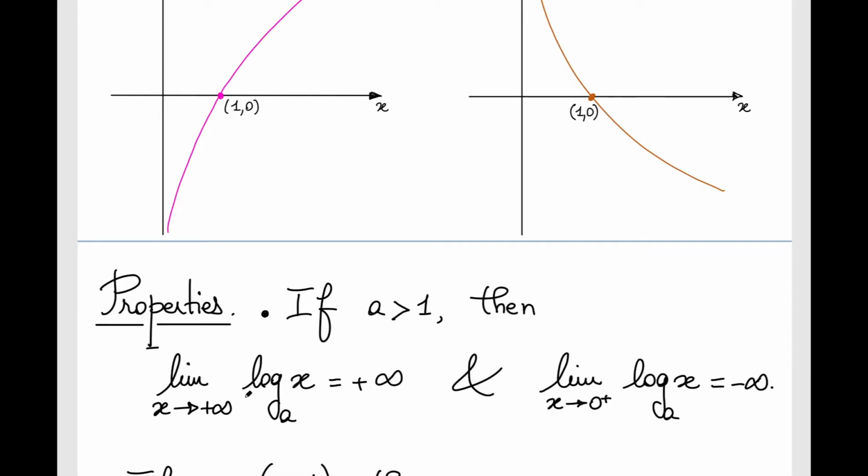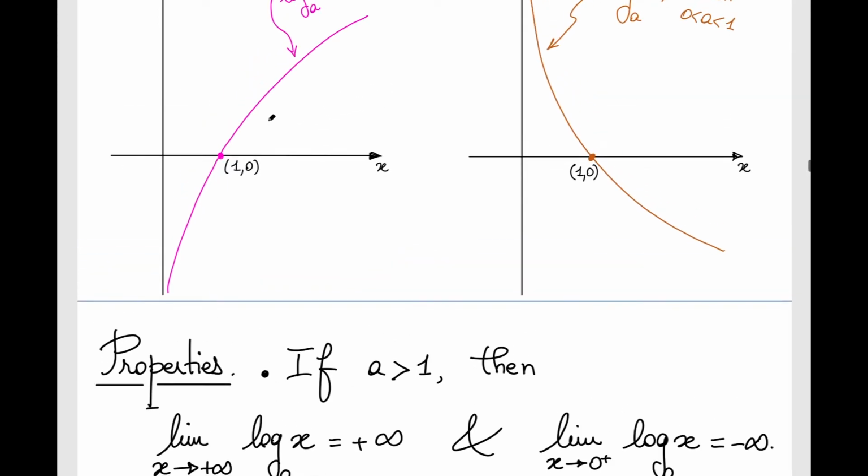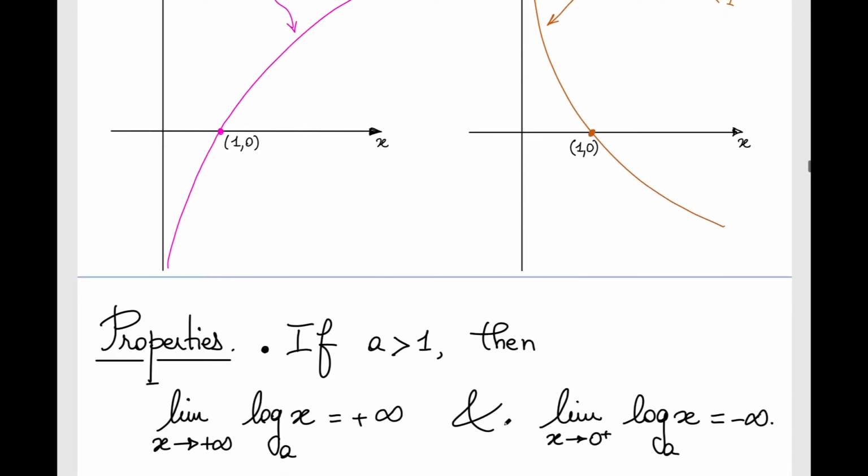Since they are symmetric with respect to line y equals x, the y and x are gonna swap, right? So we're gonna have this property, limit as x goes to plus infinity, the input goes to plus infinity, the output is blowing up, right? And if the input is going to 0 from the right, the function is blowing down.